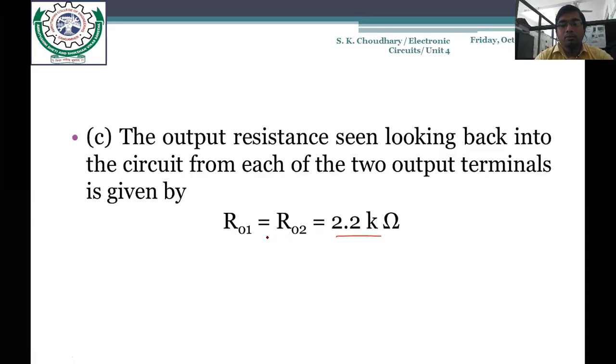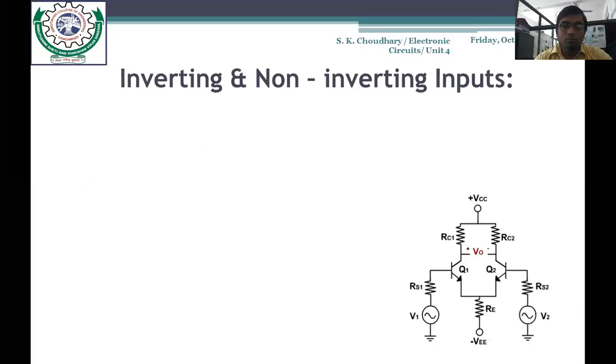You have to write that your output resistance is looking similar to the collector resistance as per our analysis of the circuitry. So R01 is equal to R02 is equal to RC, that is 2.2 kilo. In this way we have calculated all these three.